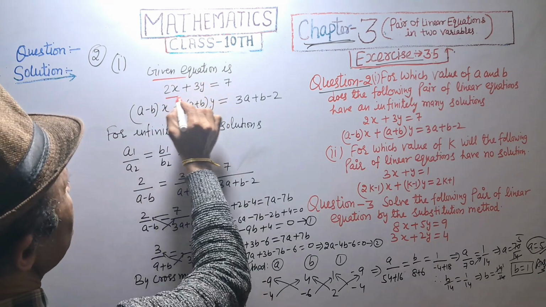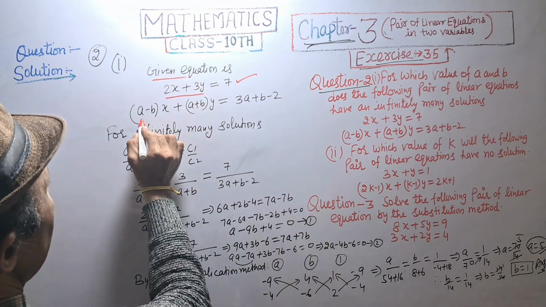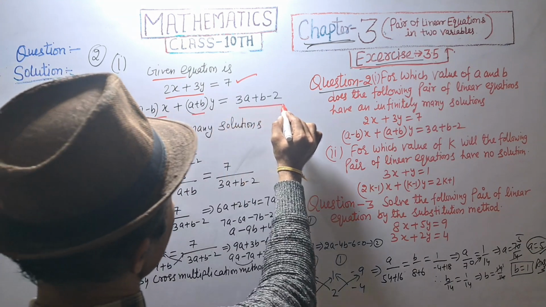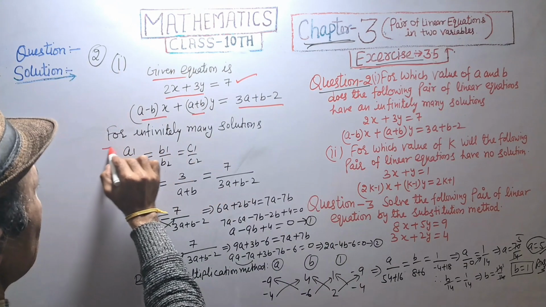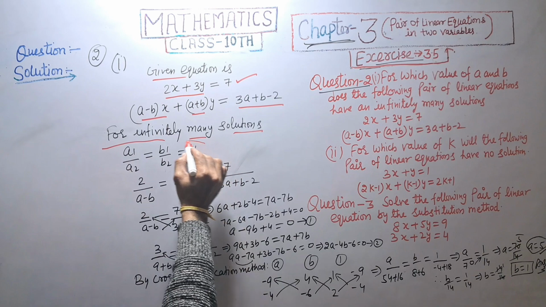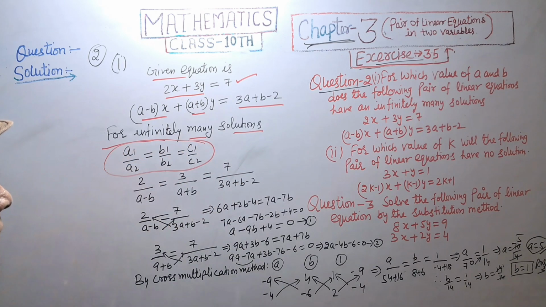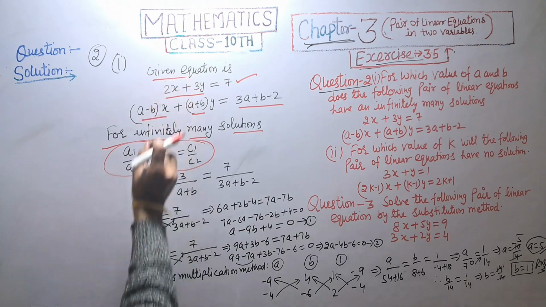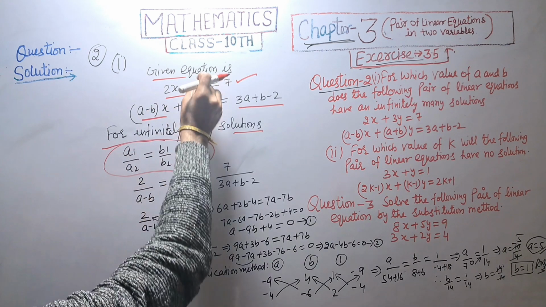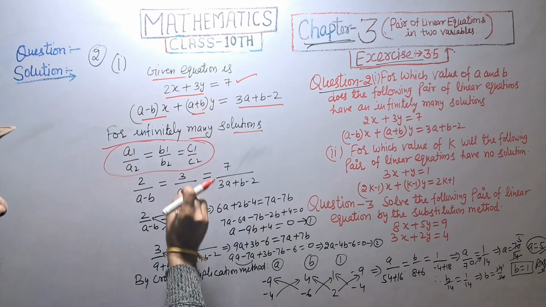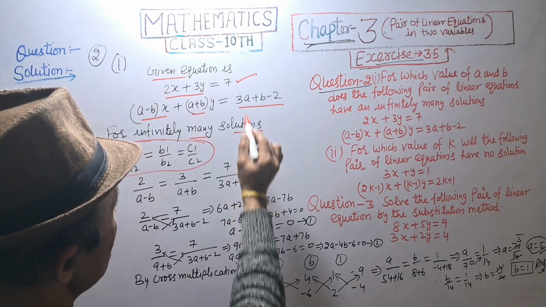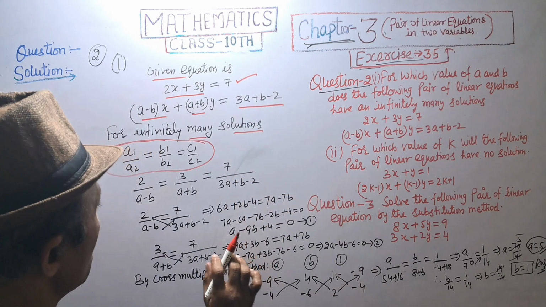Given equation is 2x plus 3y equal to 7 and (a minus b)x plus (a plus b)y is equal to 3a plus b minus 2. For infinitely many solutions, a1 upon a2 is equal to b1 upon b2 equal to c1 upon c2, all are equal. So a1 is 2 upon a2 is a minus b is equal to b1 is 3 upon b2 is a plus b is equal to c1 is 7 and c2 is 3a plus b minus 2.